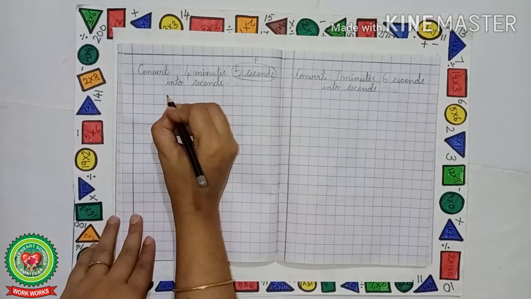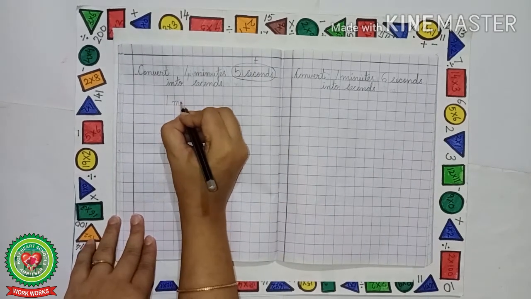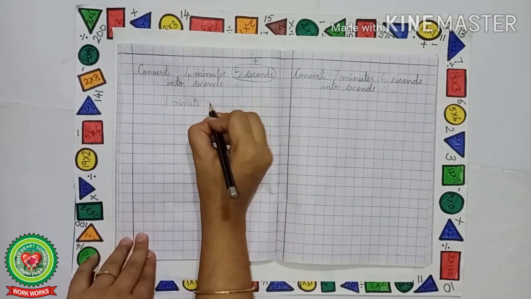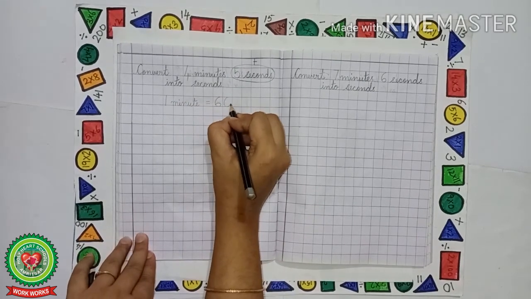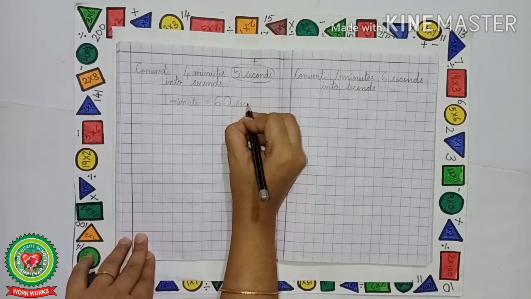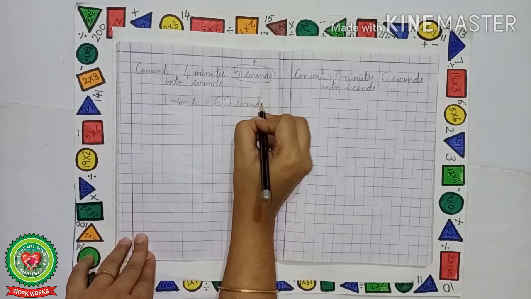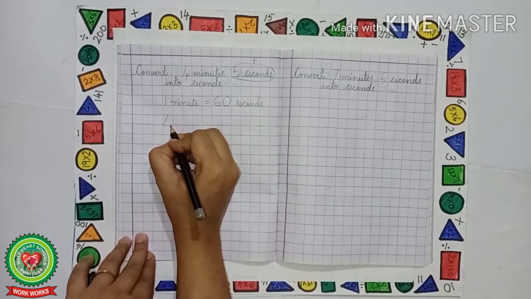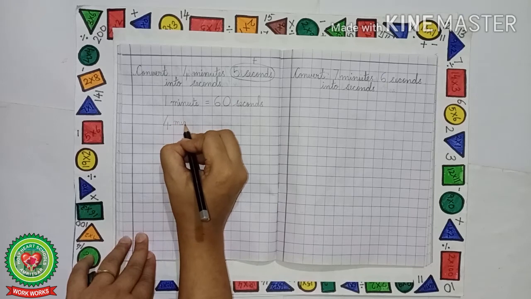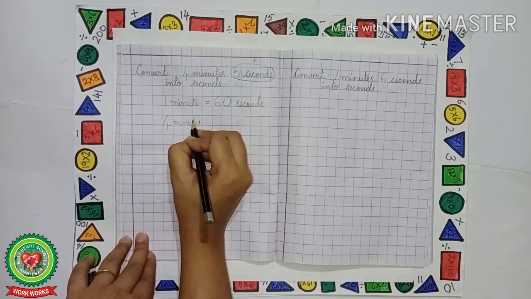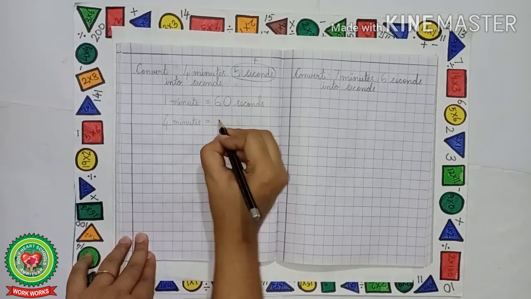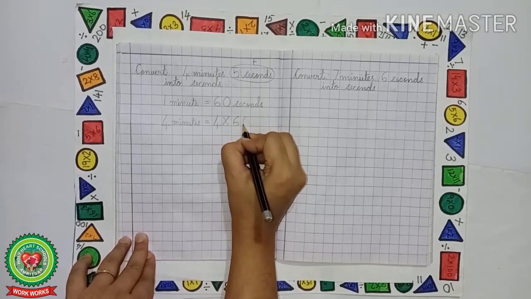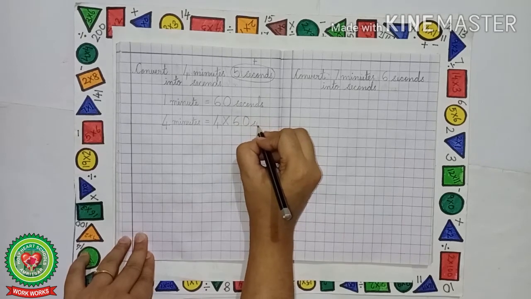So we will write over here 1 minute is equal to 60 seconds. Kids, if 1 minute is equal to 60 seconds, then 4 minutes will be equal to 4 multiplied by 60 seconds.